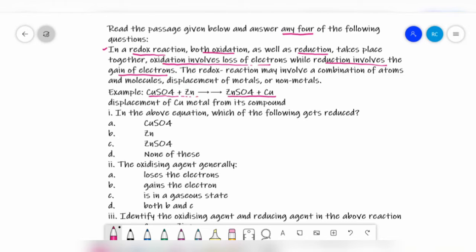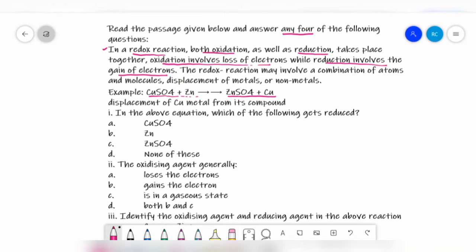It's already given in the paragraph that oxidation involves loss of electrons and reduction involves the gain of electrons. So which of the following gets reduced? Reduction usually undergoes for copper sulfate. What is reduction? Reduction is the loss of oxygen.